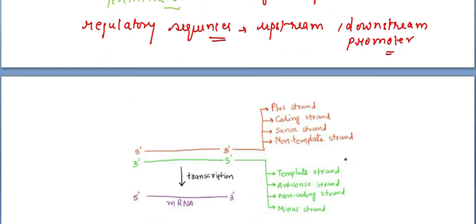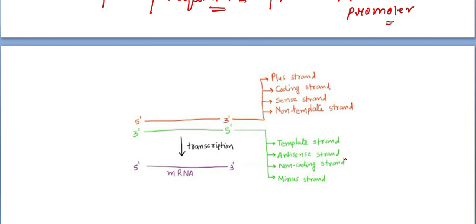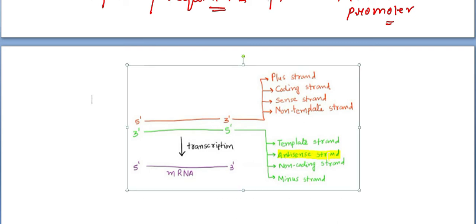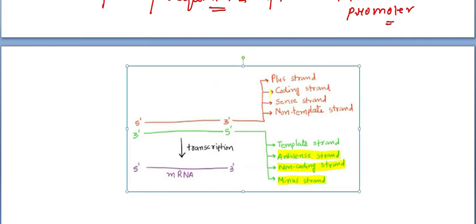Now, the template strand is also called the antisense strand, non-coding strand, minus strand, and the coding strand is also called the plus strand, sense strand, and non-template strand.